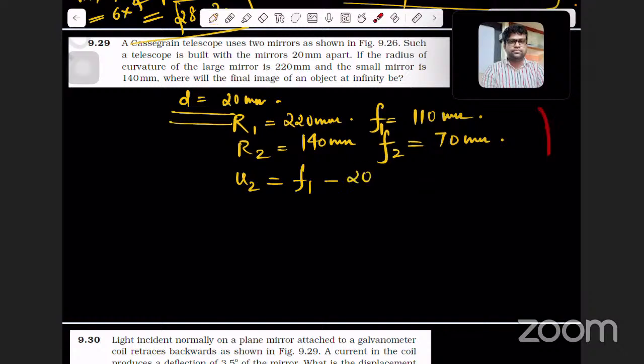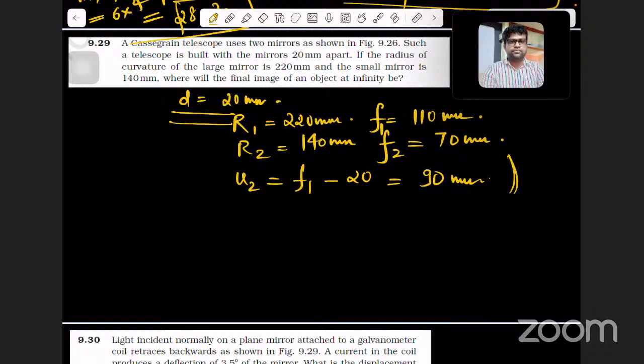Because the image formed here and the mirror is here, this distance is given as 20. The total distance from the objective is 110, because that's where the focus point is, where the image will be formed from infinity, minus this 20, which is 90 millimeters.